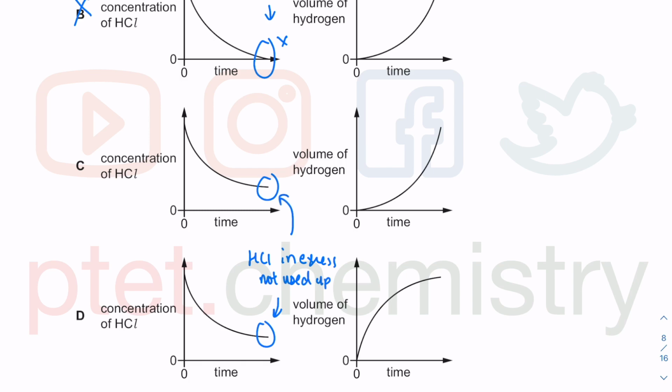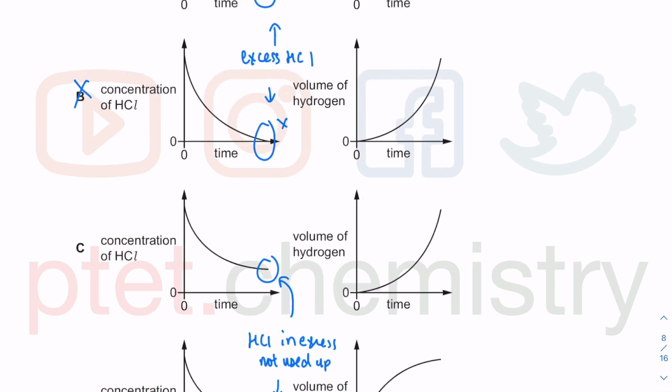In terms of the volume of hydrogen, it does come to a stop because once the limiting reactant is used up, in this particular case, the HCl is in excess, the Mg is used up. That means the reaction stops because there is no more magnesium.